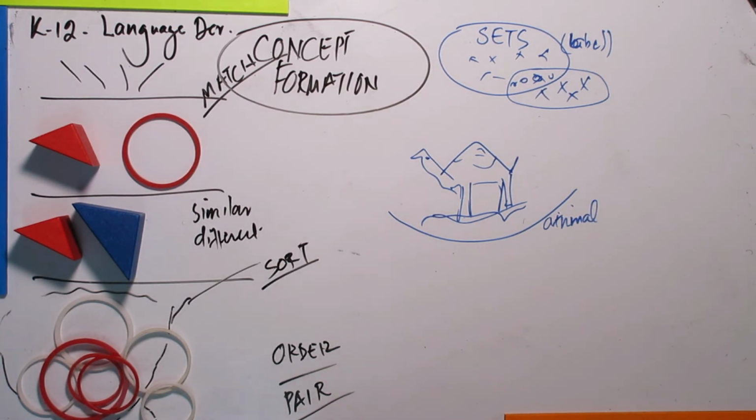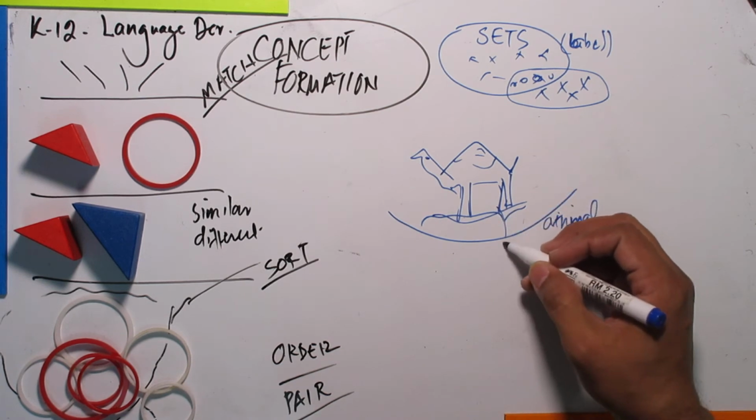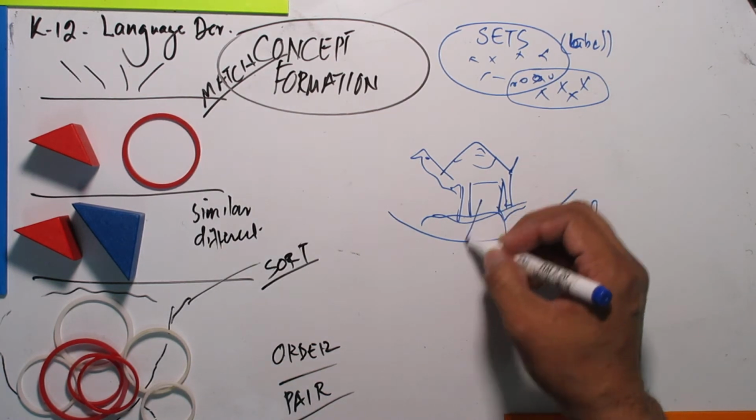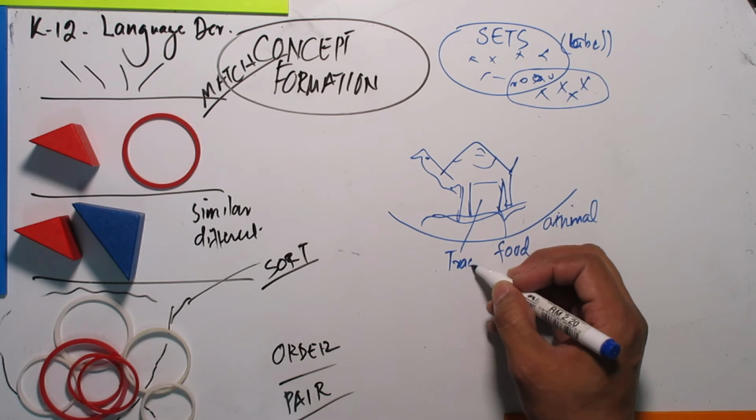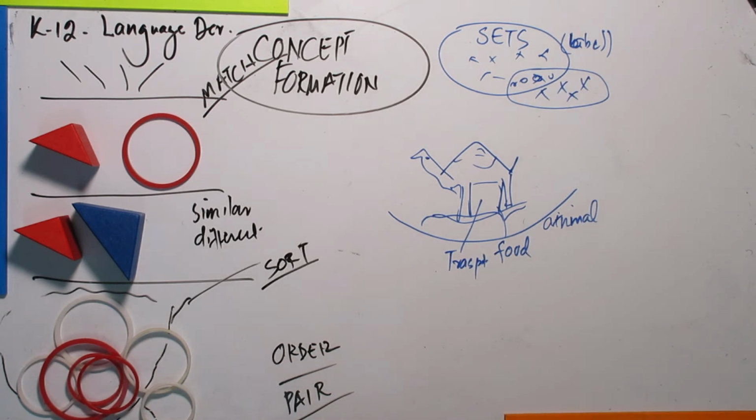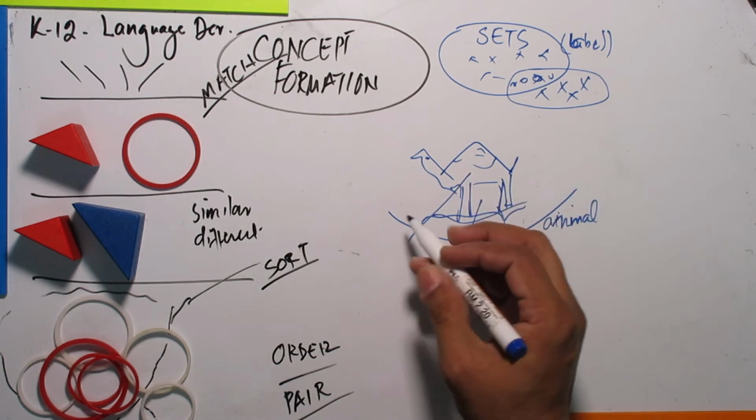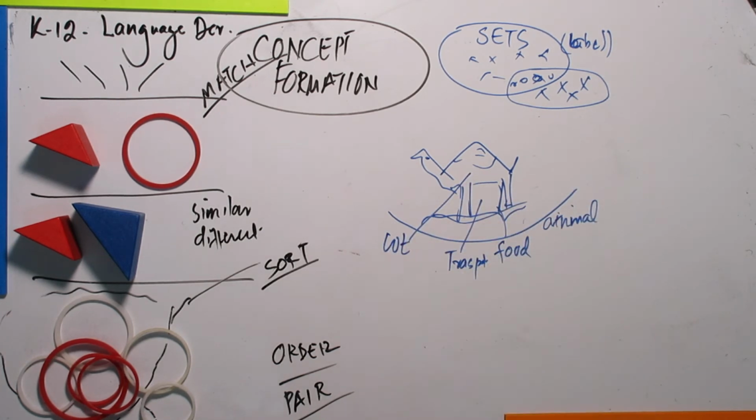And we can say, what does it do? What does it eat? Okay, it gives us food as well. It provides transport as well, right? And then we can also say what the physical things about it are. How much does it weigh? Can I make friends with it? How long does it live?